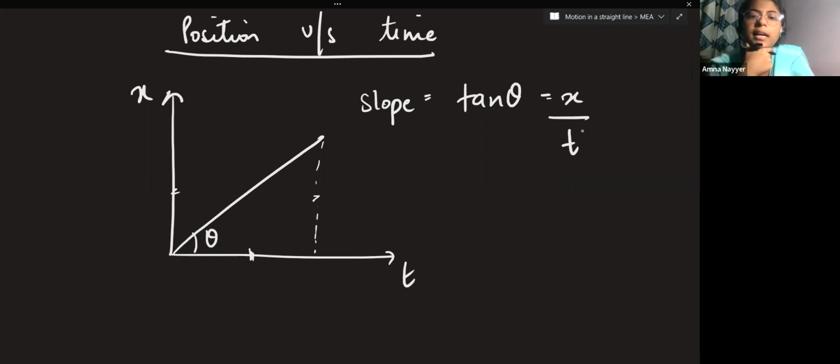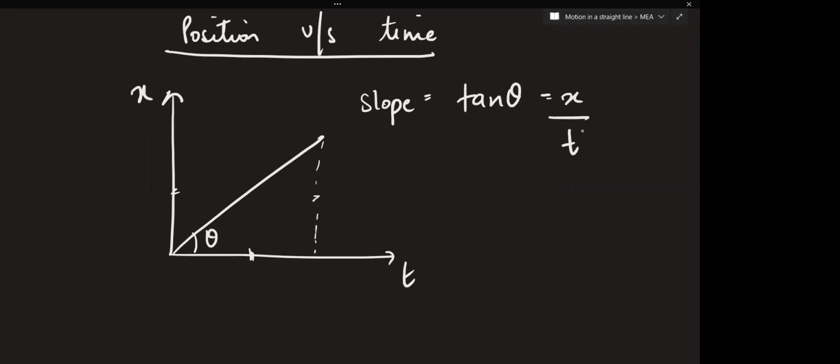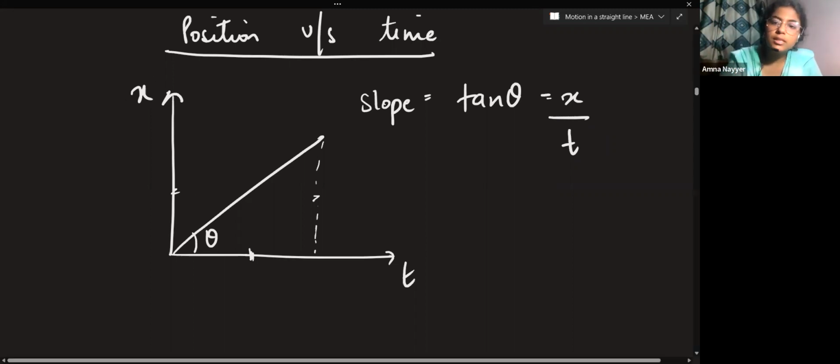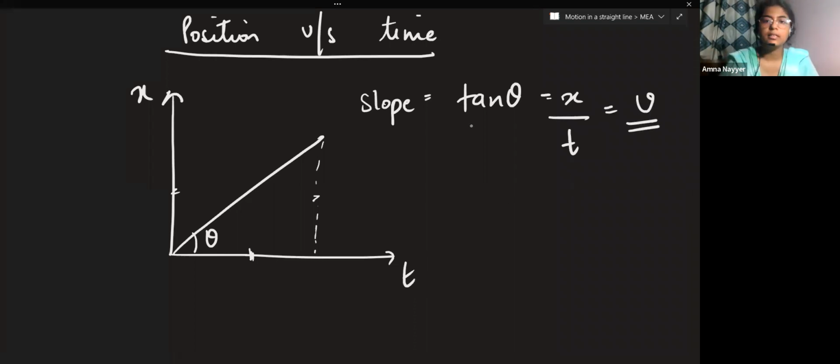Displacement divided by time. It's which quantity? Velocity. Velocity, exactly. Good, Aisha. X divided by time is giving the velocity. It means the x versus time graph gives us velocity. Clear?